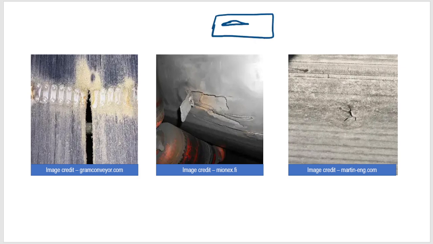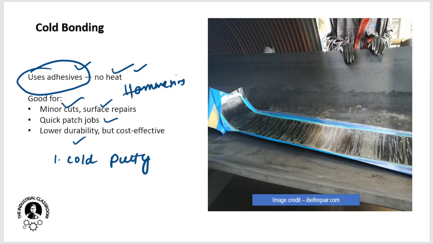Remember that this is not a through hole, this is a groove, and then here are the plies, and then ply is visible. So top cover, these are the plies, and then this is the bottom cover. So think that there is a groove formed here. What I will do is generally use this cold putty here, and then I will level it up. I will maintain the level. So it is a general repair process.